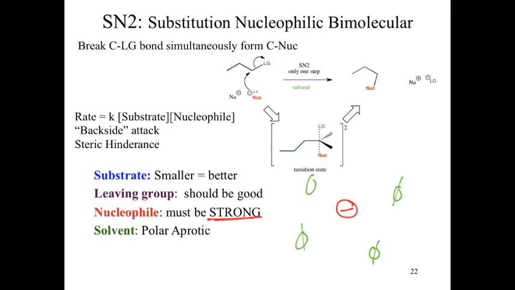Well, if I have zero charges, is that negative charge going to dissolve? Solubility rules say like dissolves like. I get no solubility. Well, that kind of defeats the purpose of using a solvent. Okay, so I need some polarity in my solvent, some positive charge to help dissolve the nucleophile. Okay, so that's why it needs to be polar.